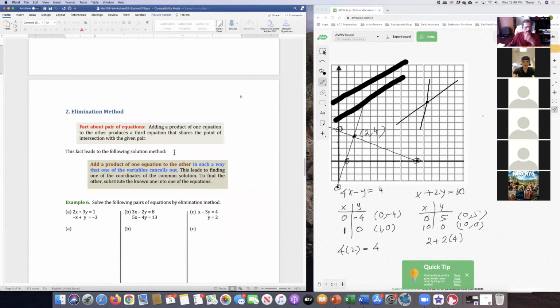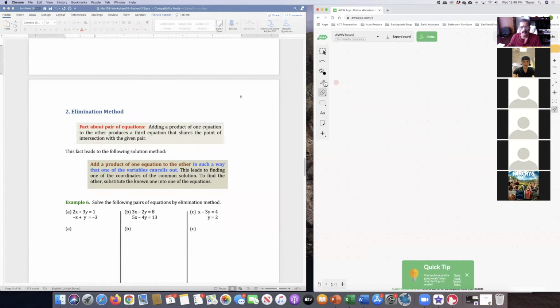And let me explain that process. There's a fact about a system of two equations that's going to help us find the point of intersection. And so I'm going to explain that fact first. Let's say the two equations meet at a certain point. I'm going to show a picture here.